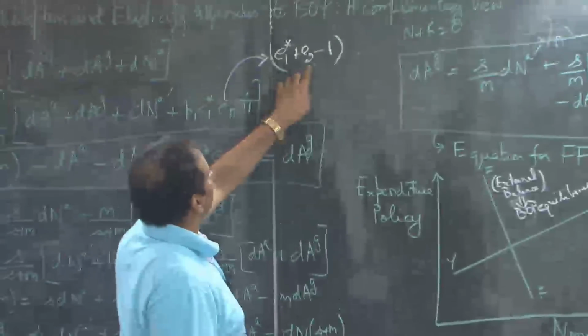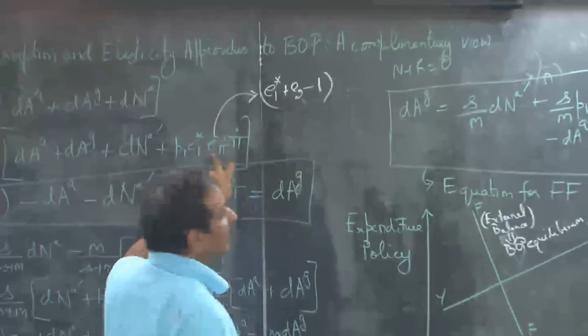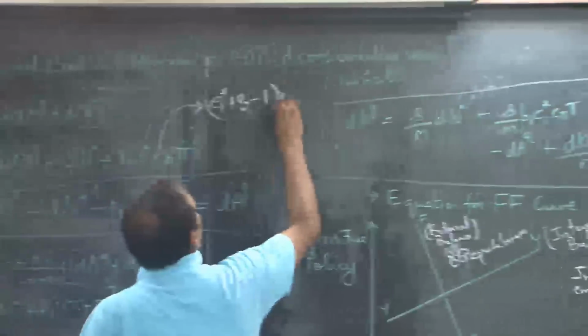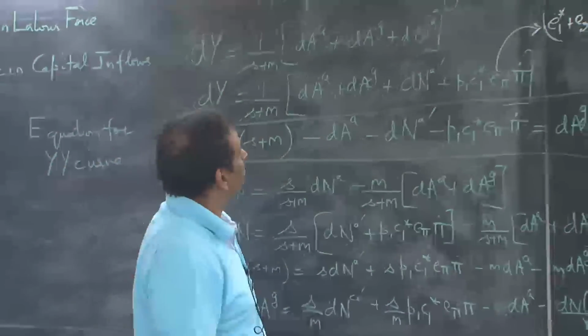This is greater than 0. That means we are assuming that the Marshall-Lerner condition holds.